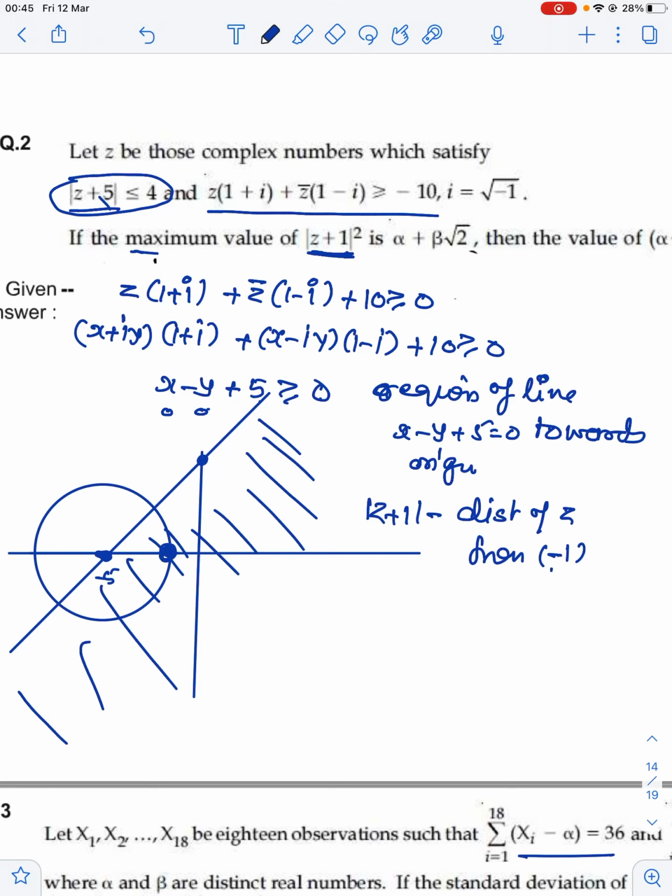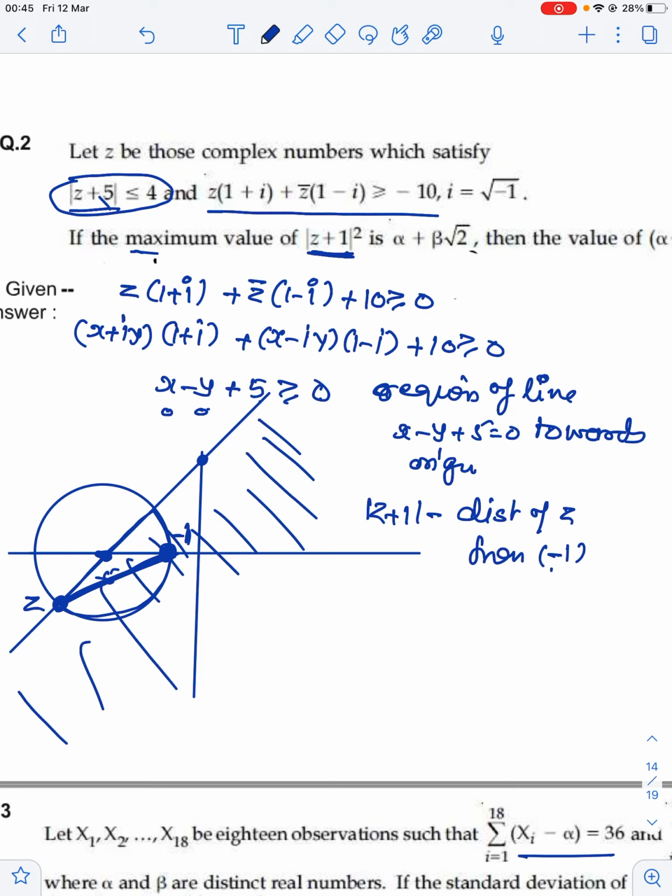So minus 1 is this point obviously. So all the z lying inside the circle and below towards the origin, that means the common area, is this. So among these, this is the maximum distance of all the z possible.